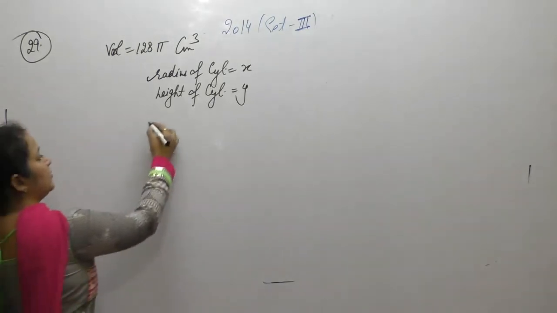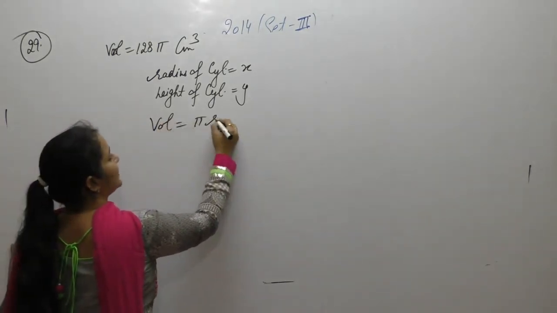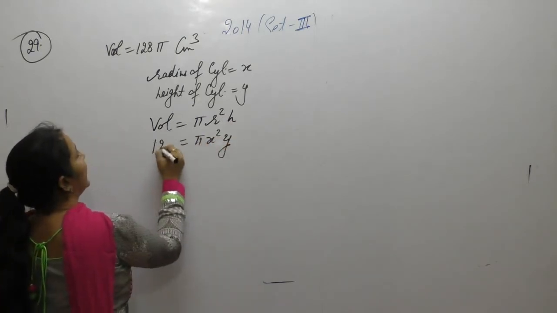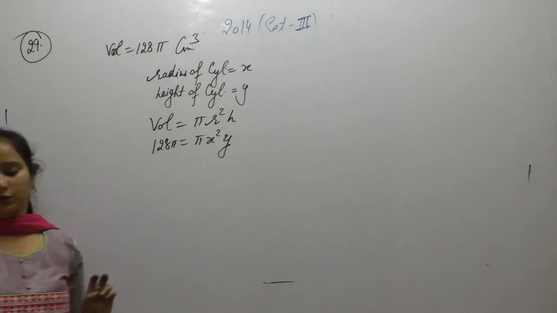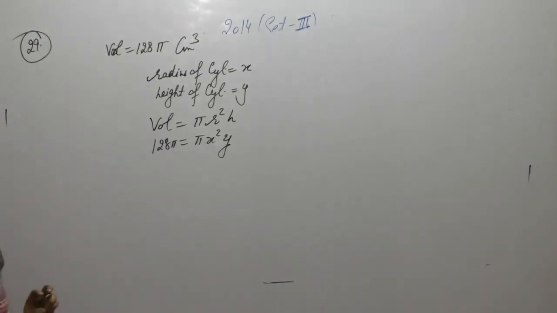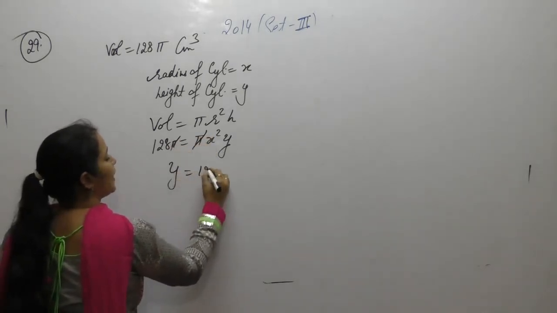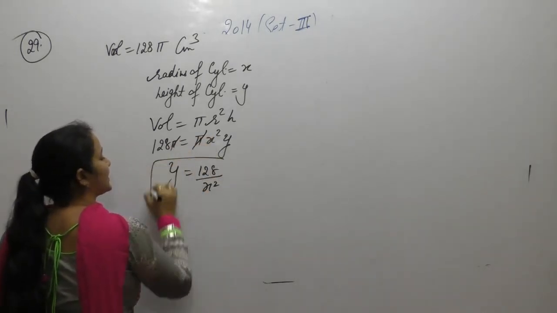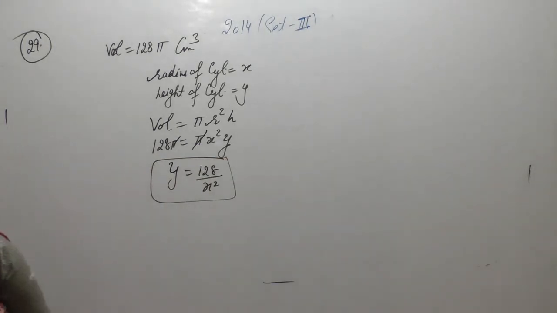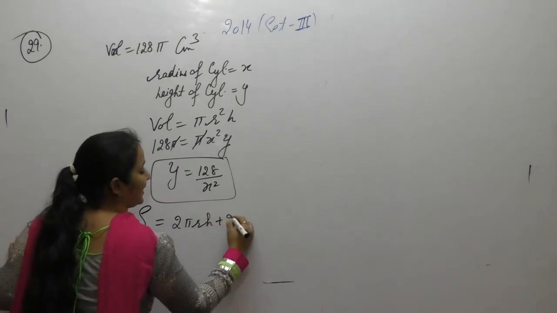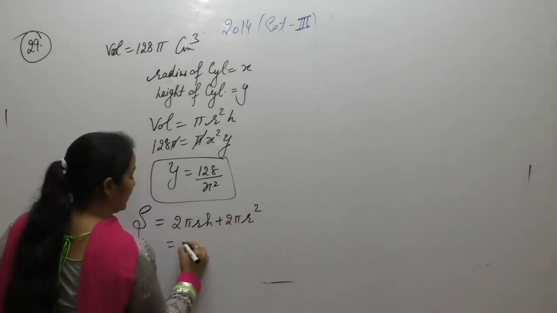Now what is the volume of a cylinder? That is pi r square h, and the volume is given as 128 pi. Pi will get cancelled. From here y is 128 upon x square. Now we have to find which has minimum surface area. Surface area of the cylinder is 2 pi rh plus 2 pi r square.